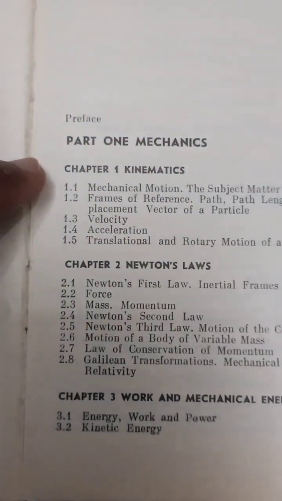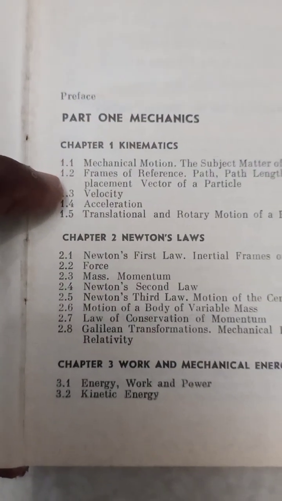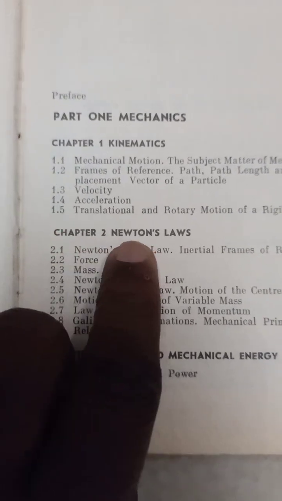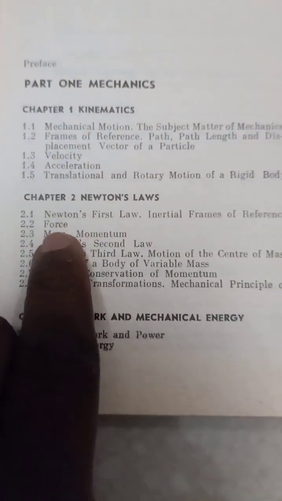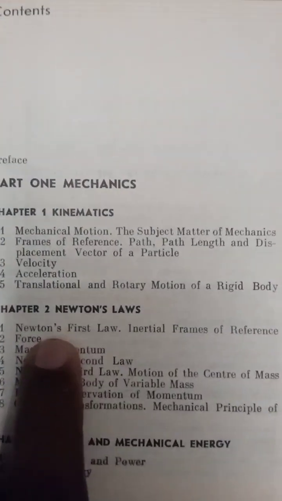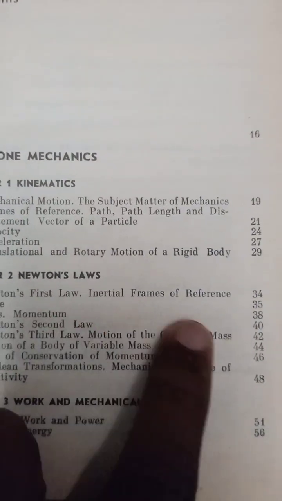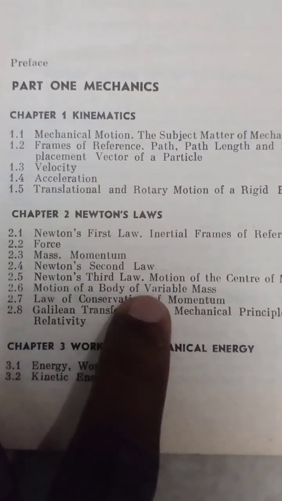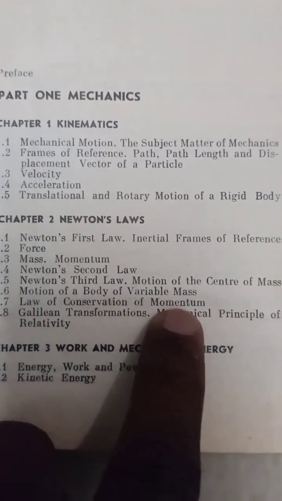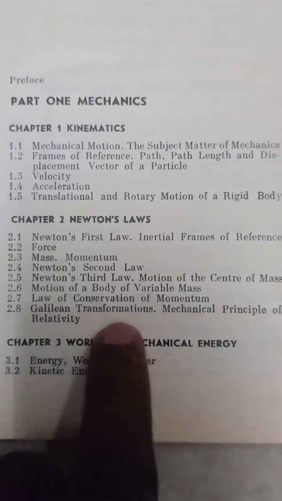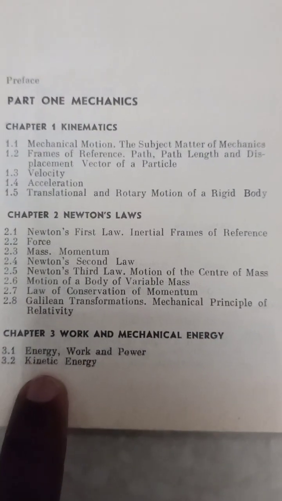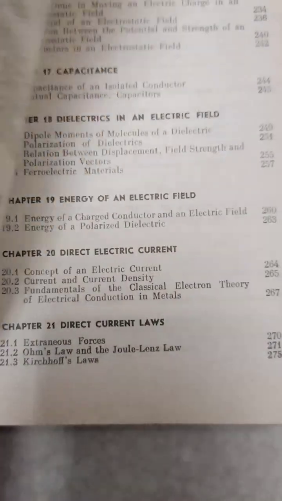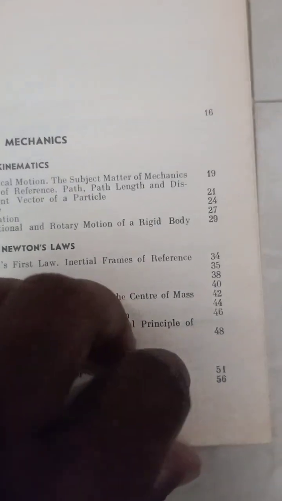Also the subheadings are given, 1.1, 1.2, 1.3, 1.4, 1.5. Then we come to chapter number 2, that is Newton's laws: Newton's first law of motion, inertial frame of reference, Newton's second law of motion, Newton's third law of motion, motion of a body of variable mass, Galilean transformation. Then work and mechanical energy, kinetic energy is given, work, energy and power are given.